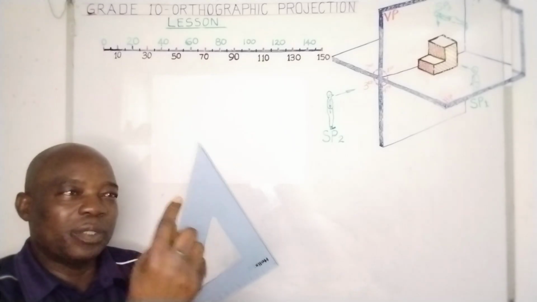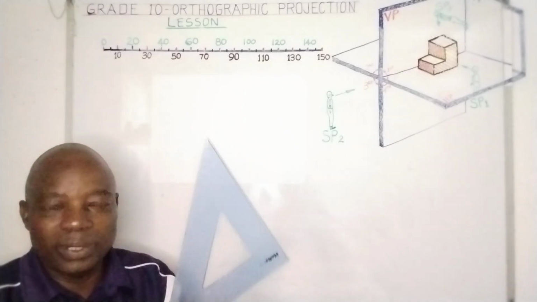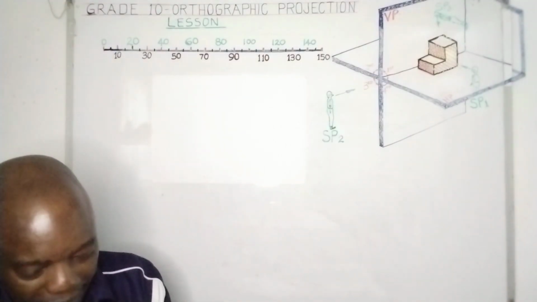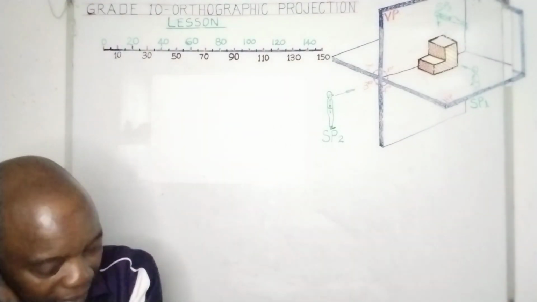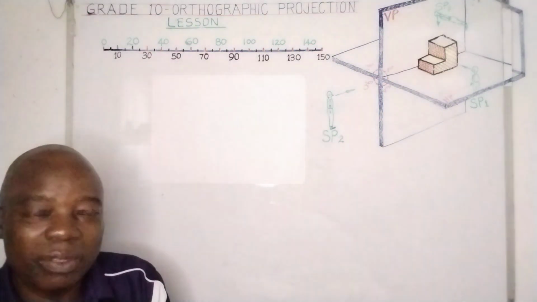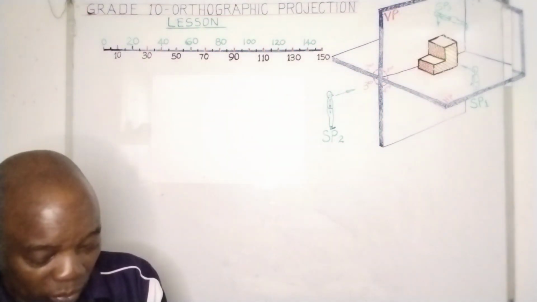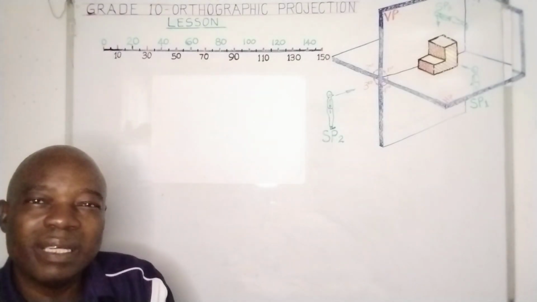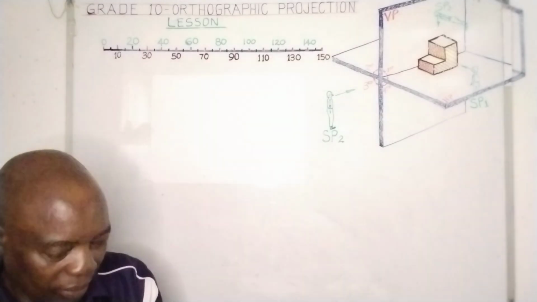So that's blending of lines or corners. And also bisection of angles, copying given angles, and copying figures with different geometrical shapes like ellipses, triangles, circles, and any other geometric shape.